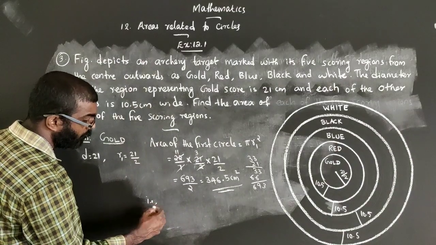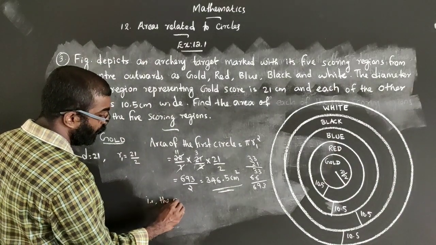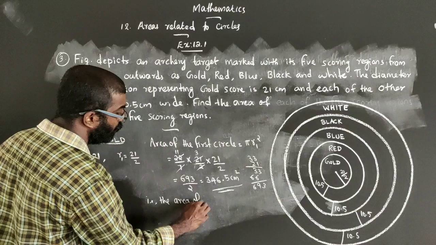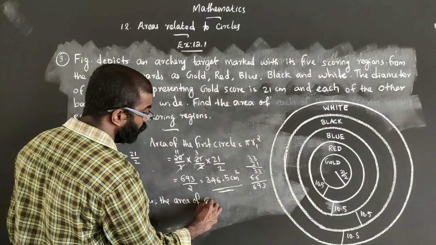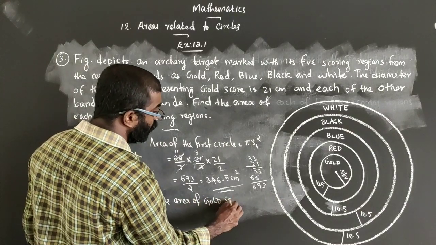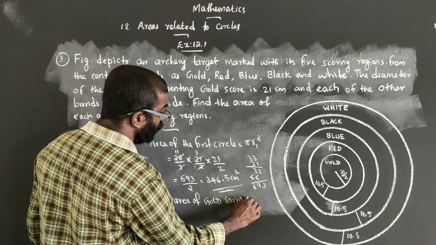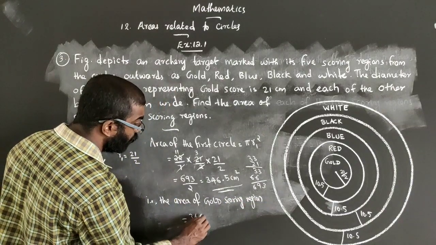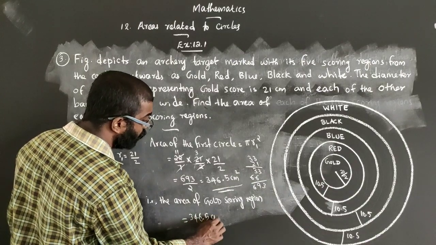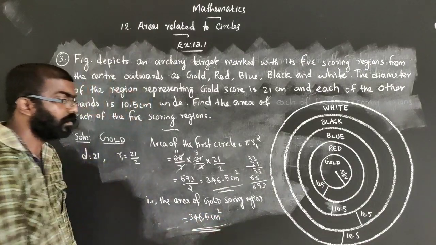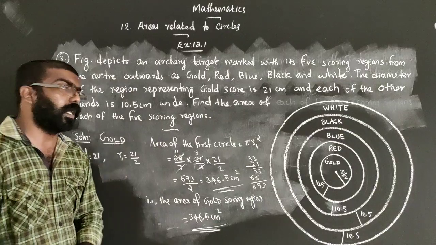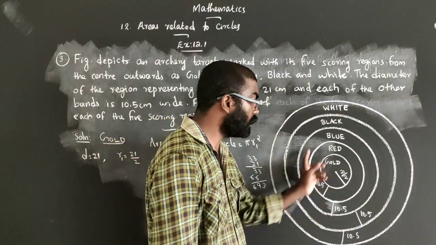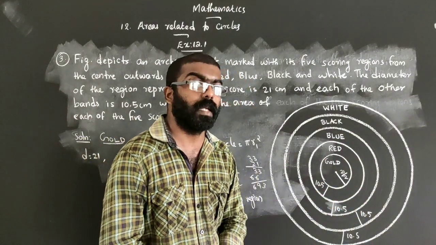That is the area of the gold scoring region is equal to 346.5 centimeter square. Clear?